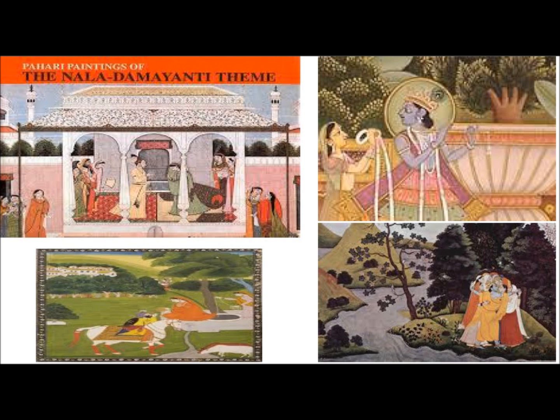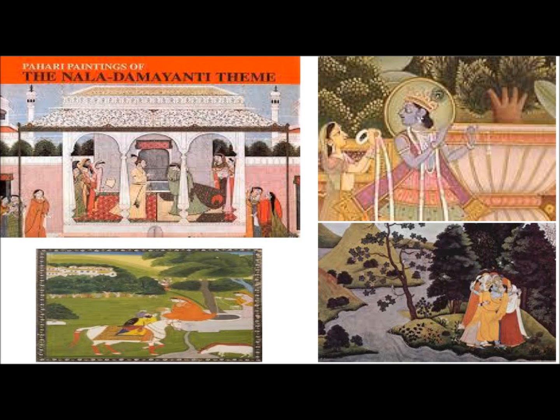When Mughal painting declined, the artists who were employed in the Mughal court were employed in the courts of the Rajput kings, especially in the Rajasthan area. Not only in Rajasthan, but also in Punjab Hills and Kashmir. They were employed in different Rajput courts, and apart from Rajput courts, in the courts of other kings of hilly areas.